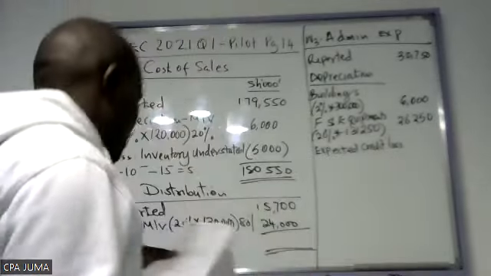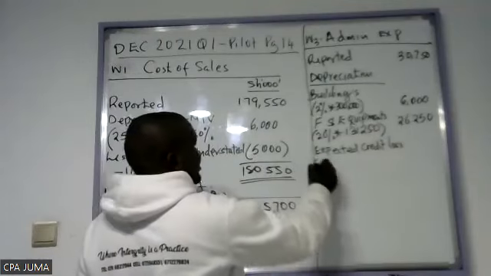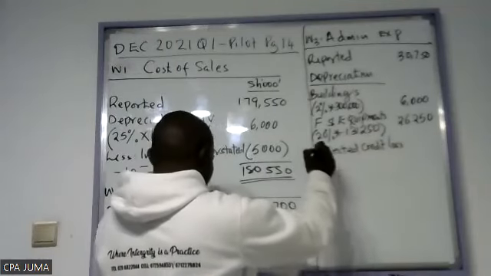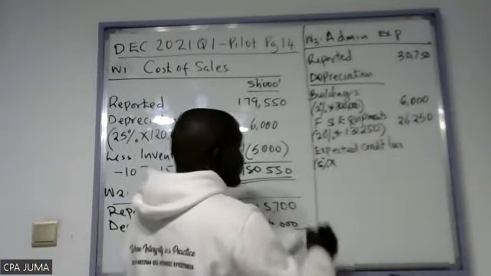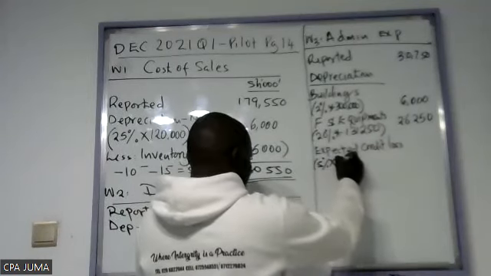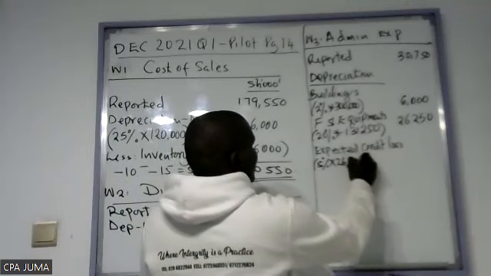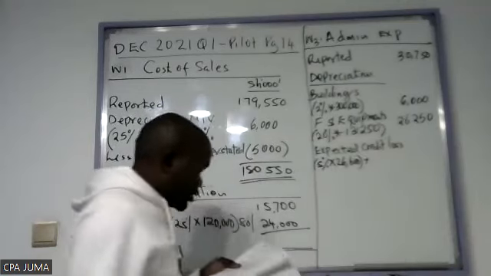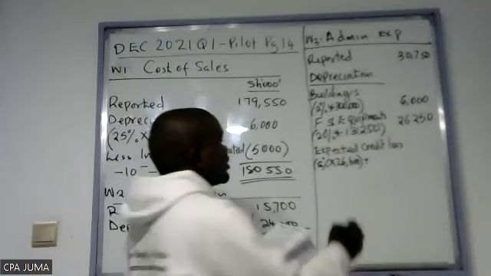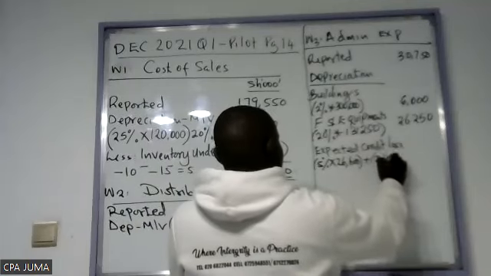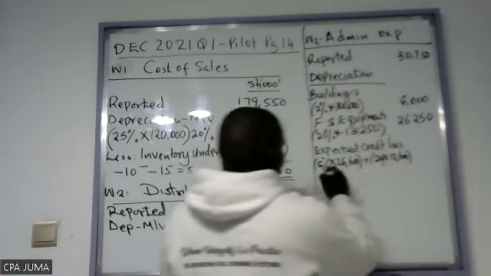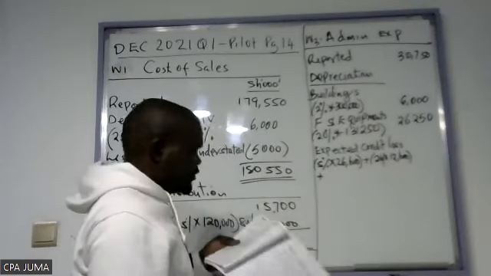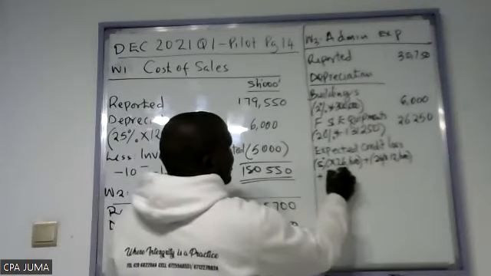So this is 5% times 26,600, plus 20% times 12,600, plus 50% of 3,400.